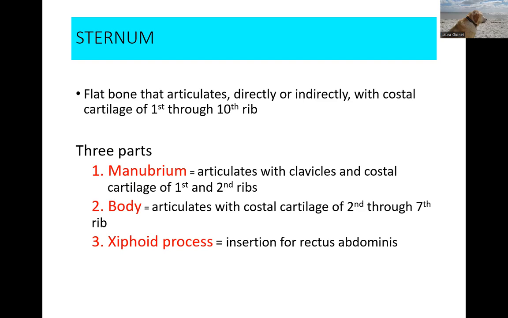We have ribs 1, 2, 3, 4 through 12. The first 10 attach either directly or indirectly to costal cartilages, which attach ribs to the sternum. The bottom 2 pair are free-floating ribs.